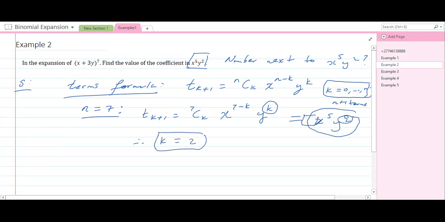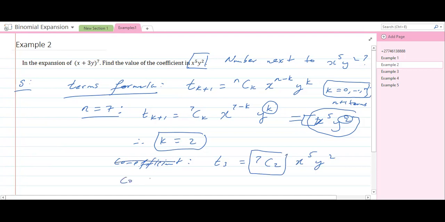Now if k is equal to 2, we can say coefficient, in other words, if you expand this in order, you'll see that this will be term 3, which is 7 choose 2 x to the power 5 y squared. So we're just interested in the coefficient. Let's take this out.